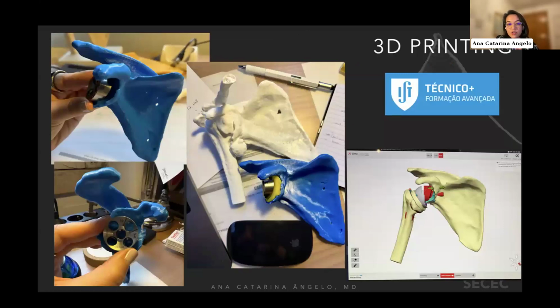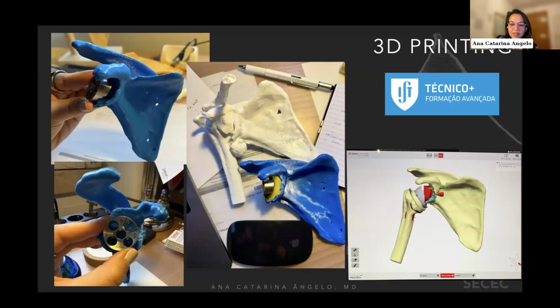And also you can get a little bit more crafty. So we usually work in cooperation with the mechanical department of the technical university here in Lisbon, and we 3D print some of our most difficult cases, and we get to play around with it a little bit before the surgery, see how the implants will fit.